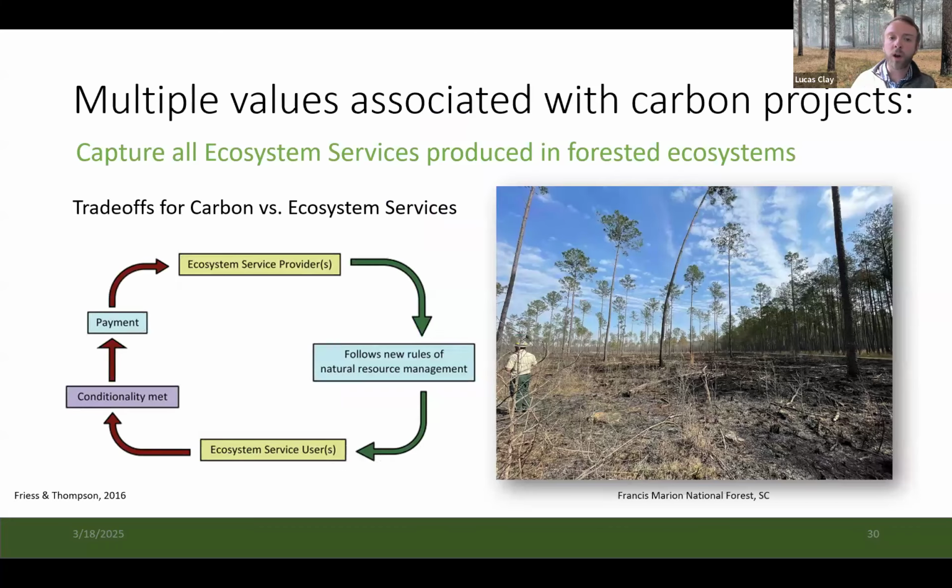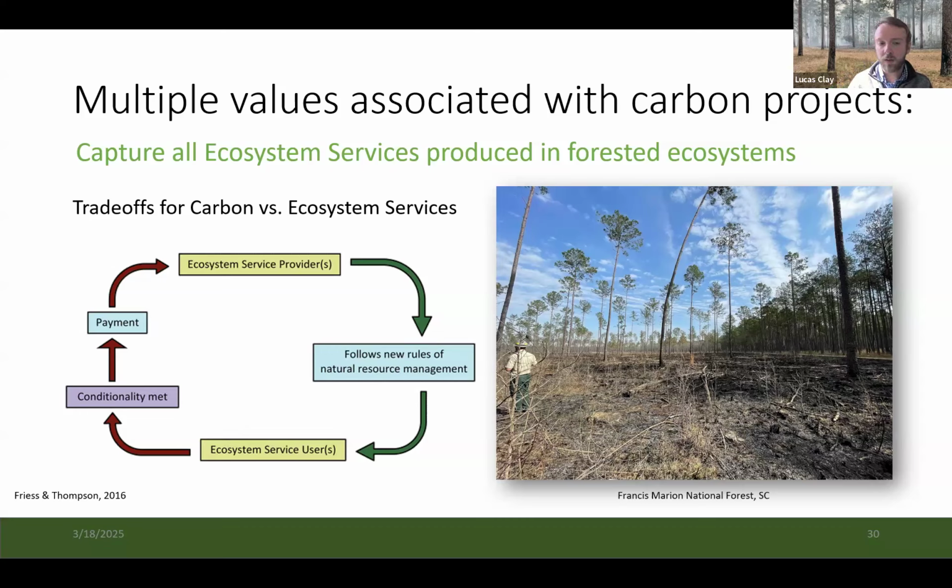And as I mentioned before, there are multiple values associated with these carbon projects. And it's only been in recent years that we've seen that these projects are starting to capture all of the ecosystem services produced in forest ecosystems. So a lot of times we might see that there are trade-offs between carbon and ecosystem services. Nevertheless, we have seen a price premium in recent years that shows that projects that can actually quantify their ecosystem services are actually getting a higher benefit on the carbon pricing.